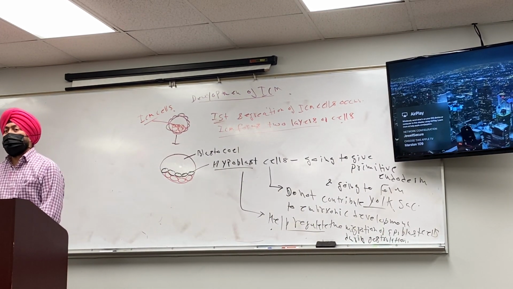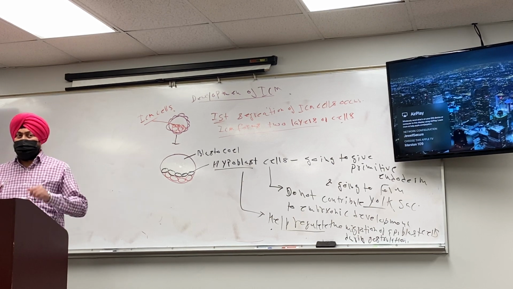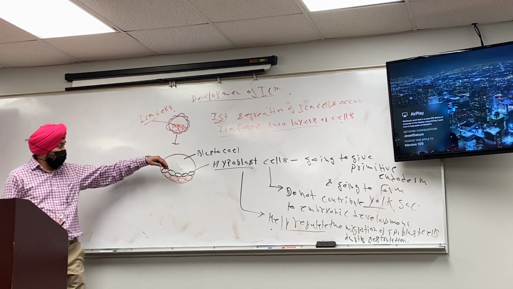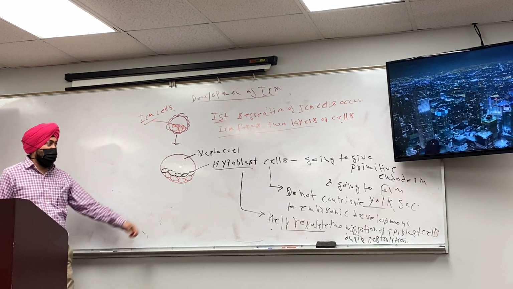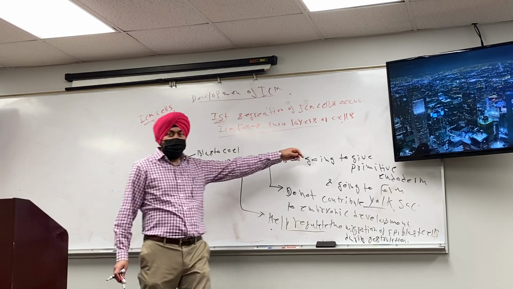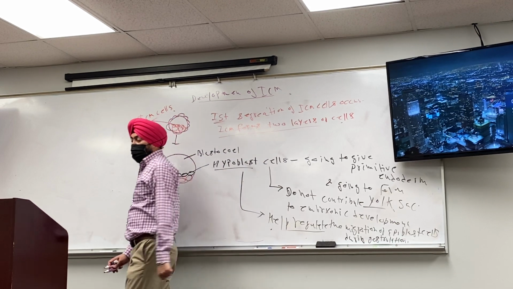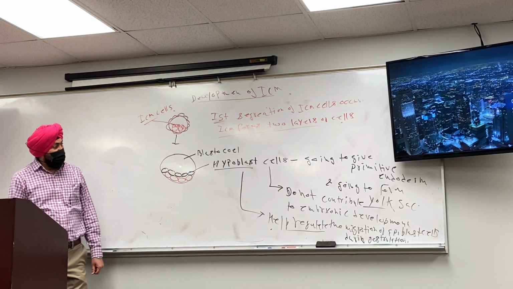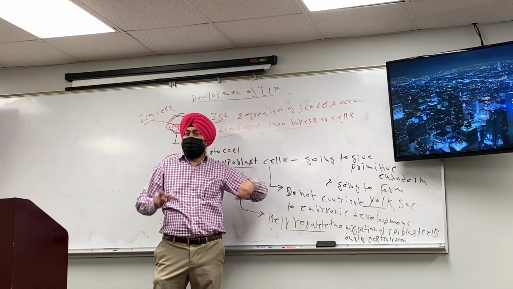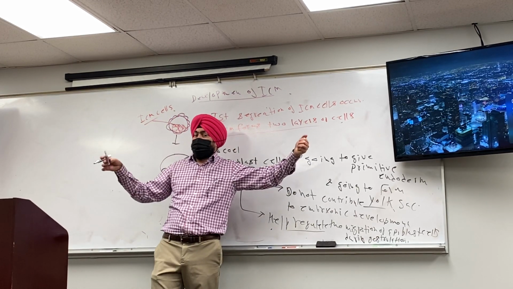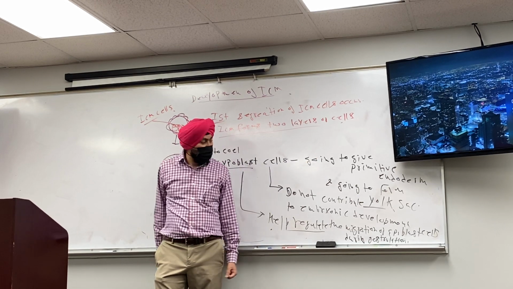Okay, so what is happening there? We are saying that cells have divided into two layers. Cells which were in contact with the blastocoel become hypoblast cells. They're going to give primitive endoderm. And these cells do not contribute to embryonic development. I mean, they're not going to form any organ system or anything like that.